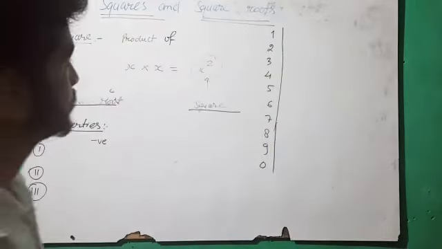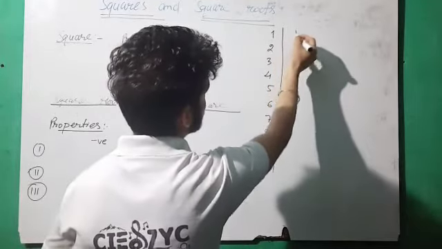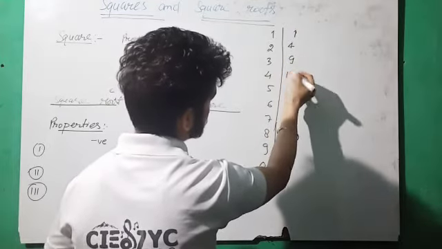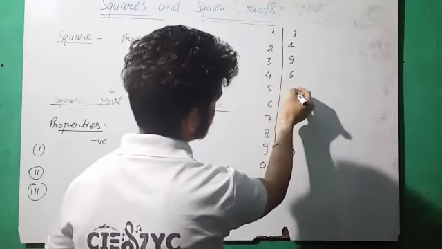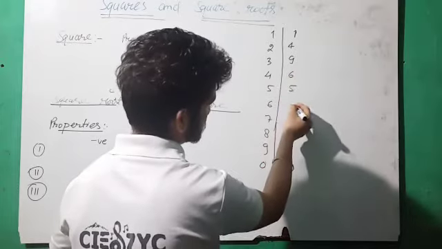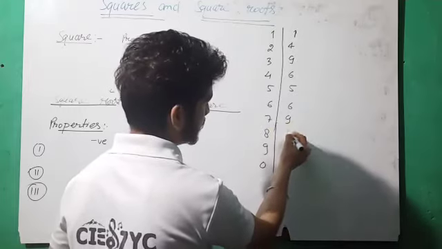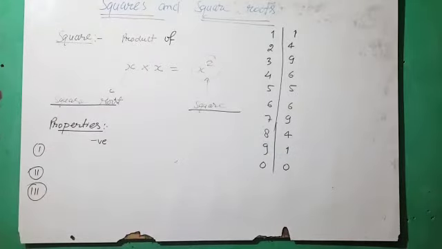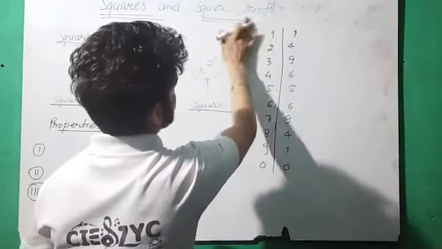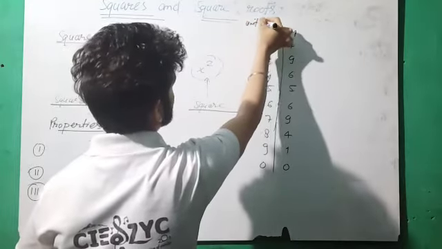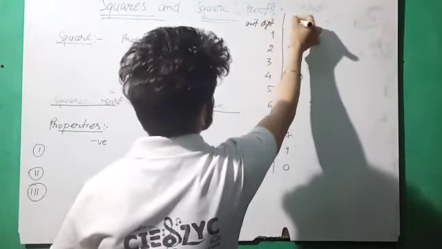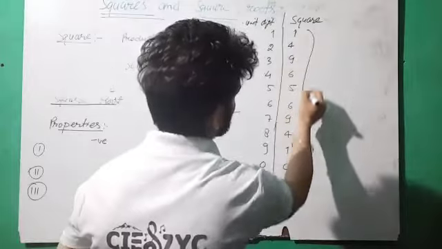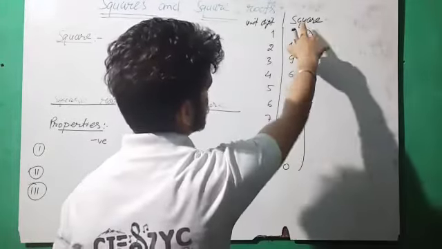Okay, if you want to find the square of these numbers: 1 into 1 is 1, 2 into 2 is 4, 3 into 3 is 9, 4 into 4 is 16, last digit is 6, 5 into 5 is 25, 6 is 36, 7 is 49, 8 is 64, 9 is 81 and 10 or 0 into 0 is 0. So these are the unit digits of any number, and this is the square. These all are the last digit or unit place digit of the square value.